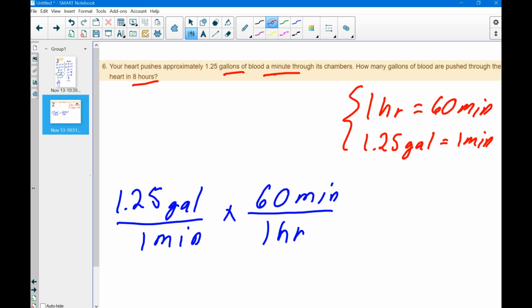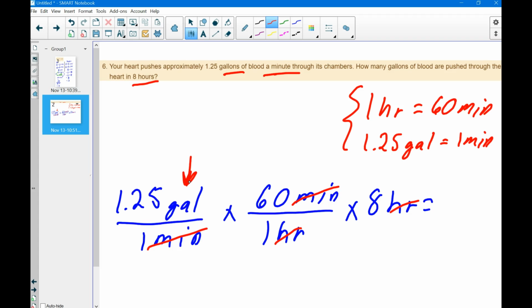Noticing as we move forward, the min here will cancel with the min. See that? Minutes and minutes are canceling. Then I'm going to take that number, multiply it by 8 hours. Now you'll notice the hours will cancel, and I'm left with the units that I want, which are gallons. And that's how you can use dimensional analysis.